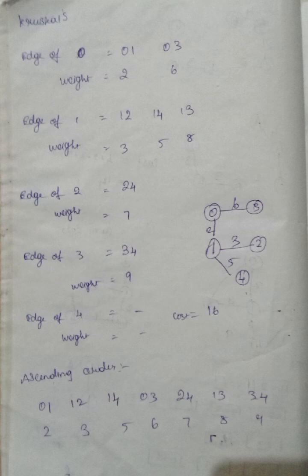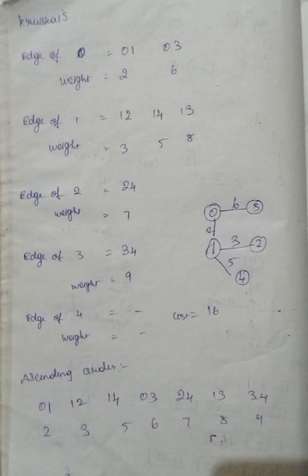And 3, 4: if we connect 3, 4 it will form a cycle between 0, 1, 4 and 3, so no need to take those last three edges: 2, 4, 1, 3 and 3, 4.